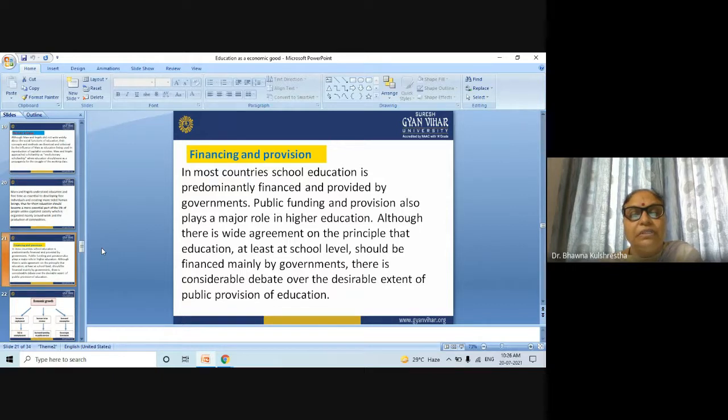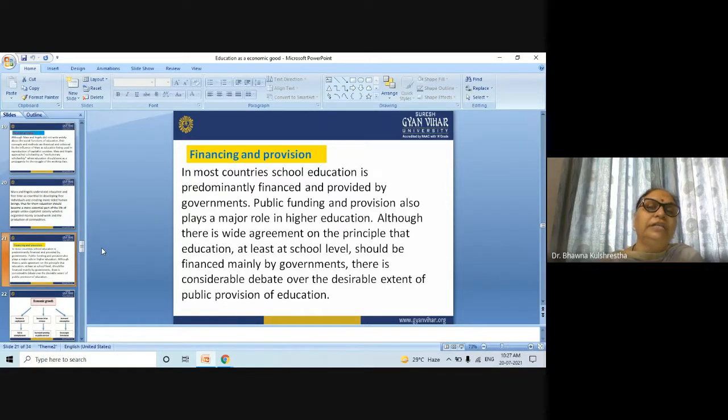Although there is wide agreement on the principle that education, at least at a school level, should be financed mainly by governments, there is considerable debate over the desirable extent of public provision of education.